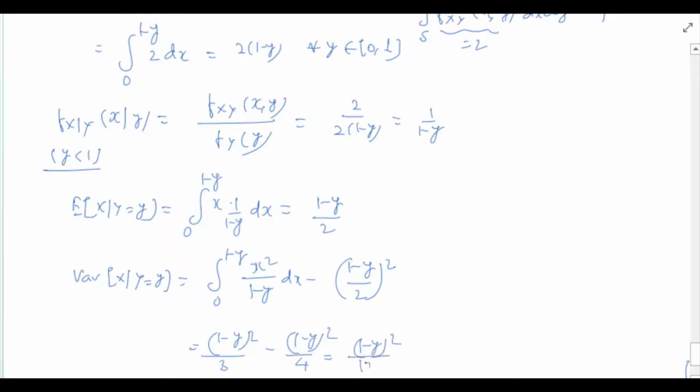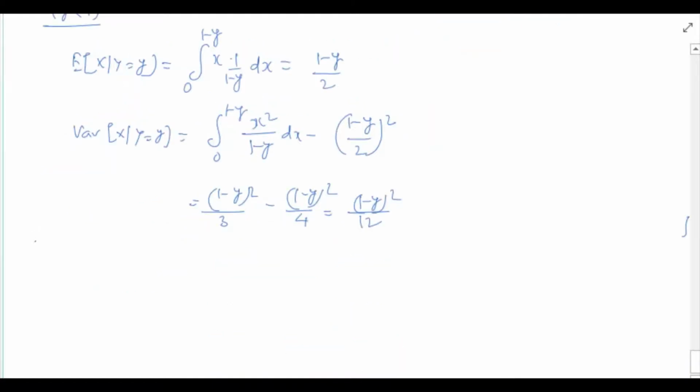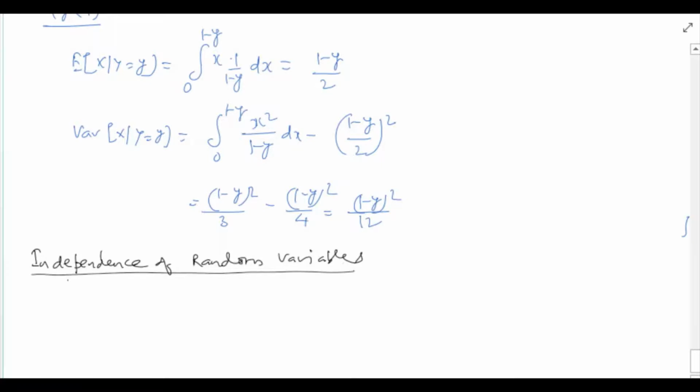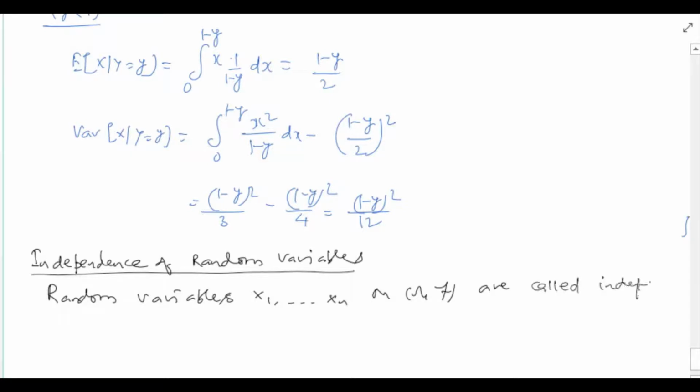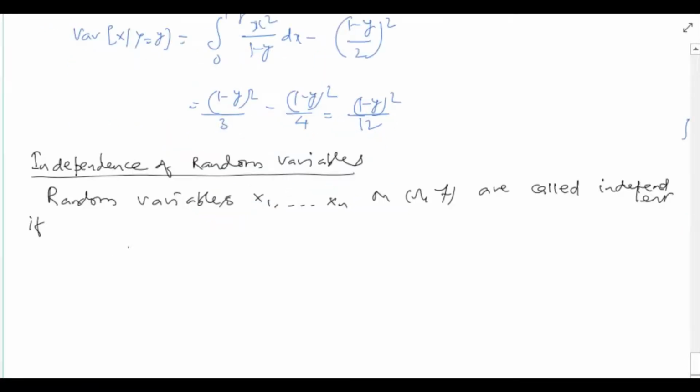Now we will see the notion of independence of random variables. Random variables x1 to xn defined on the same space are called independent if their joint distribution equals the product of marginal distributions.